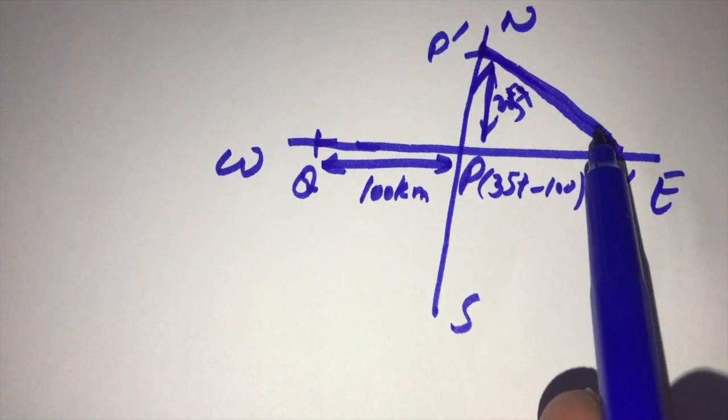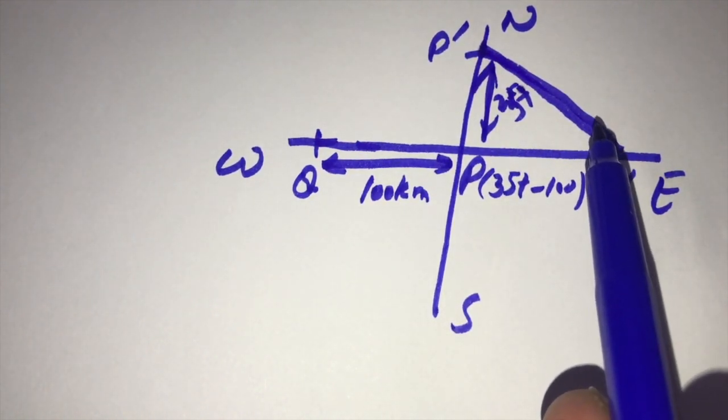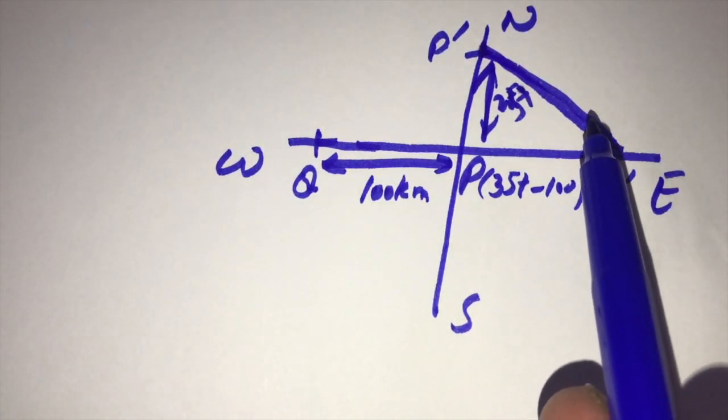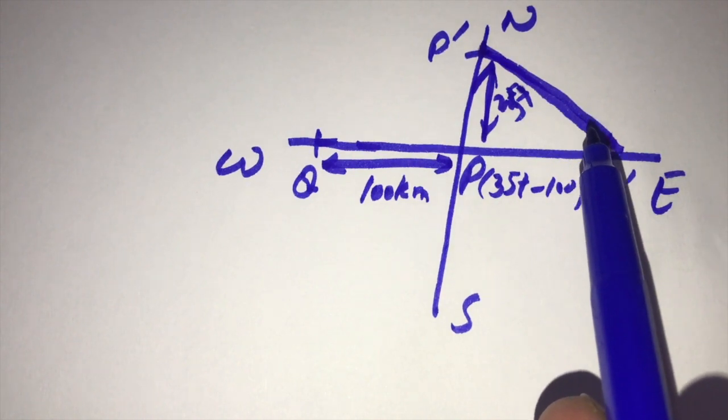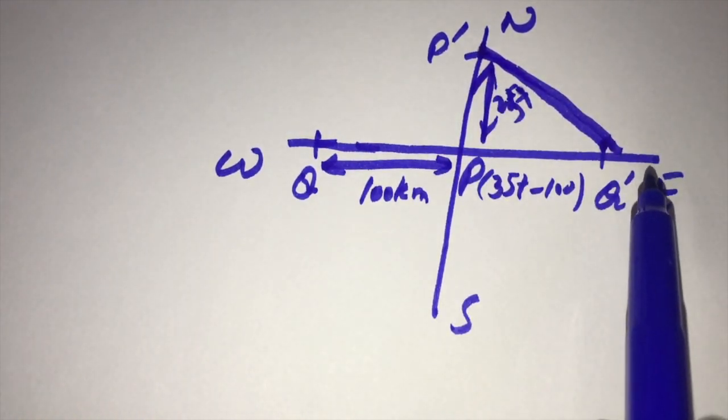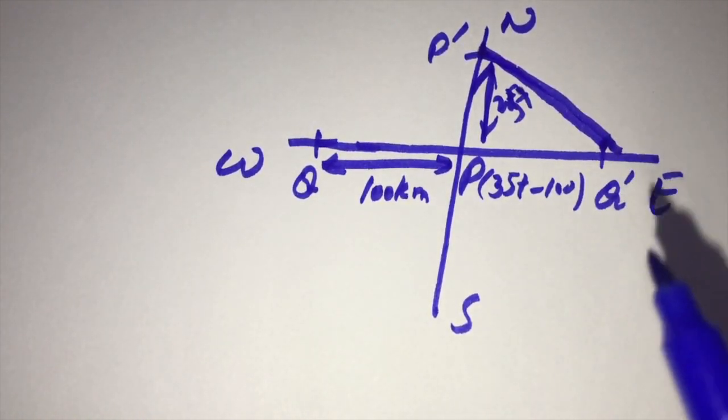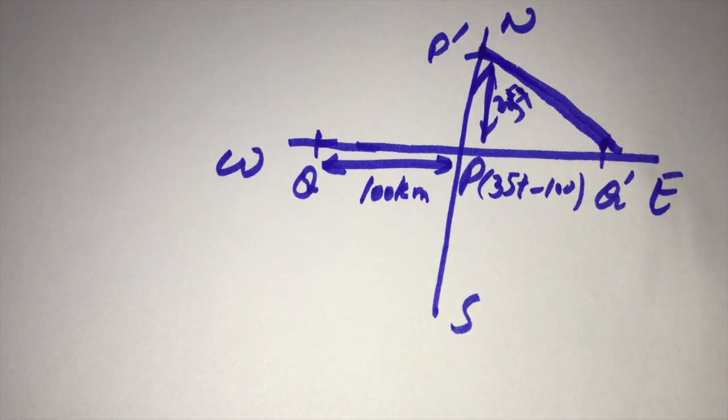We want to know how fast the distance between the two ships is changing, so we must take the derivative of the distance, but first we find the distance from the Pythagoras theorem.